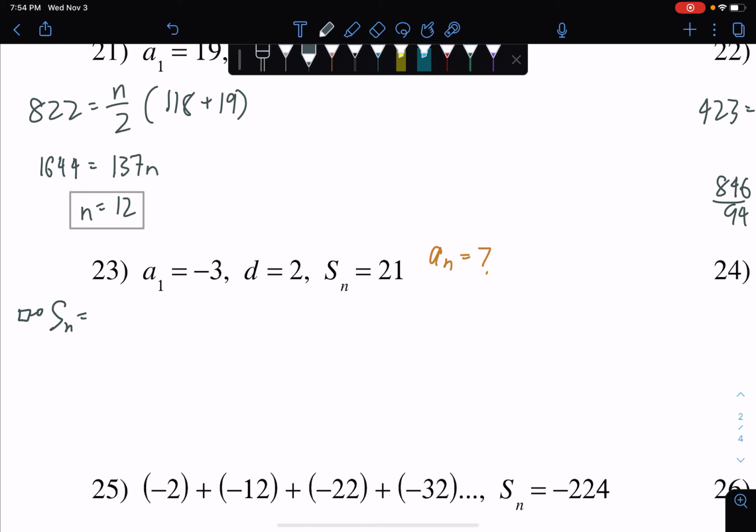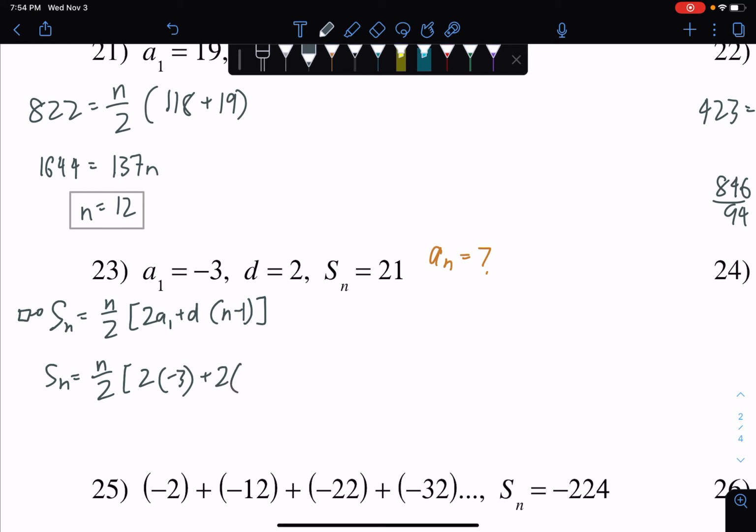S sub n is equal to n over 2 times the quantity 2a sub 1 plus d times the quantity n minus 1. So a sub 1 is negative 3, and d is 2, times n minus 1.